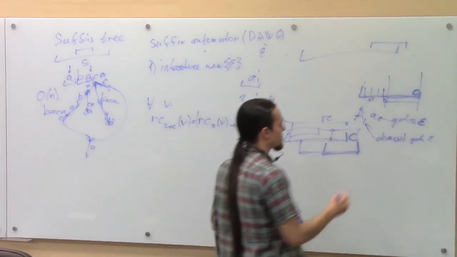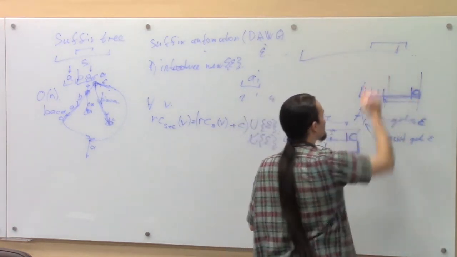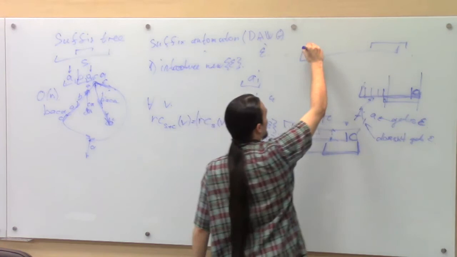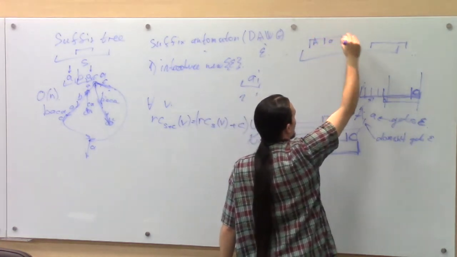Up to that point, when we didn't have the new letter, they were equivalent. So anytime we had A capital, we also had A small.